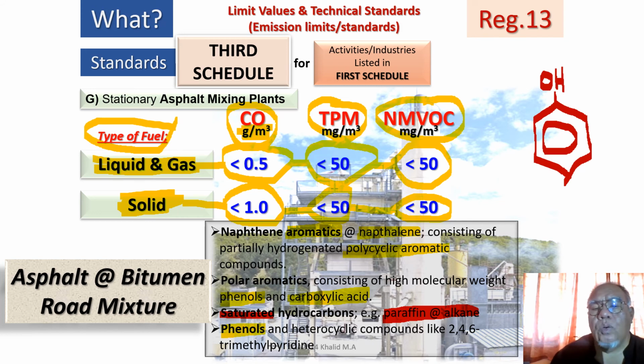You got heterocyclic compounds, 2,4,6-trimethylpyridine. You can have a methyl group here, perhaps. My drawing is bad. And the structure of pyridine. These are cyclic compounds, and it can be toluene, it can be isomers.